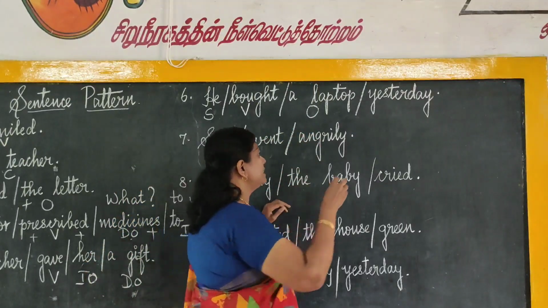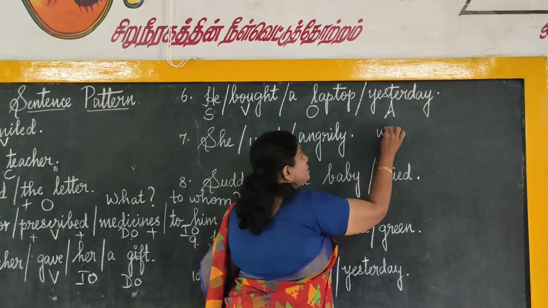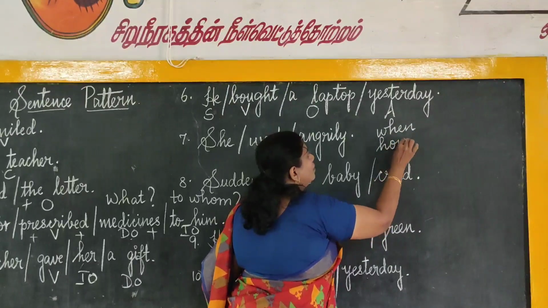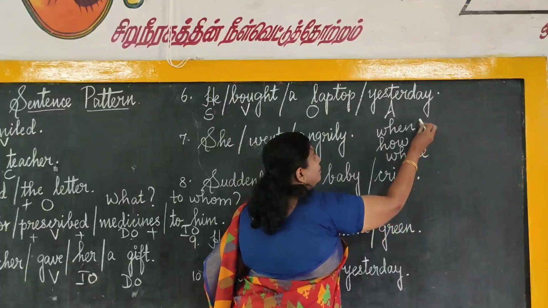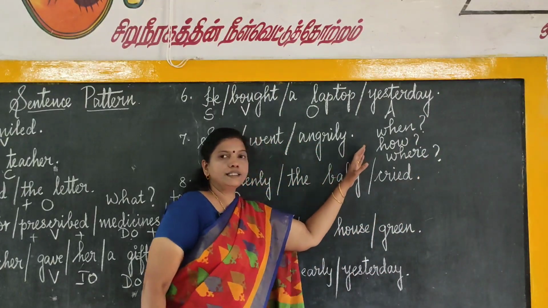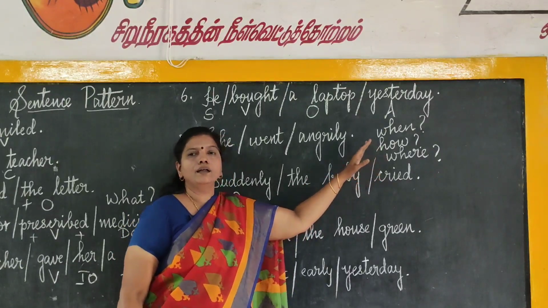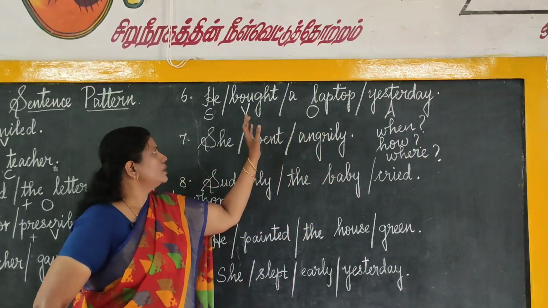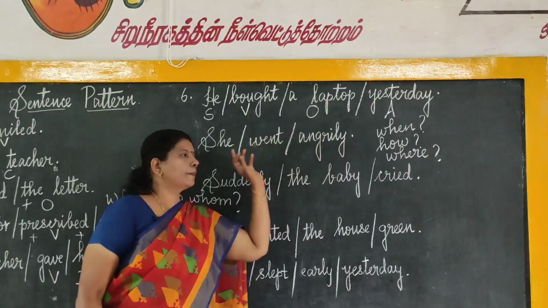Yesterday. So that is the adjunct. When we get an answer for the question when or how or where, then it is the adjunct of the sentence, right? So the sentence pattern is S plus V plus O plus A, right?